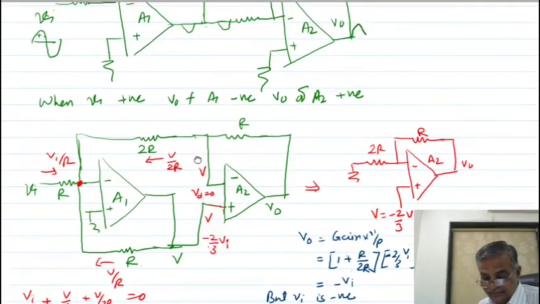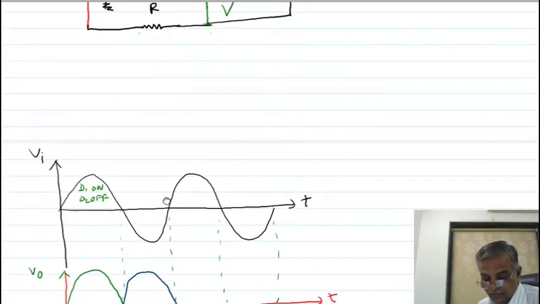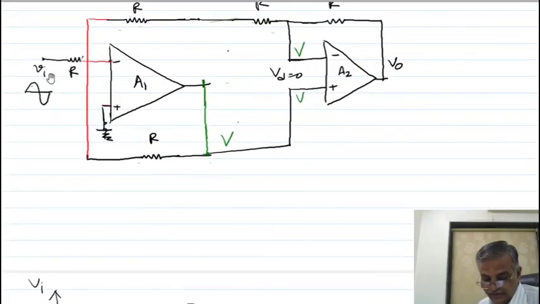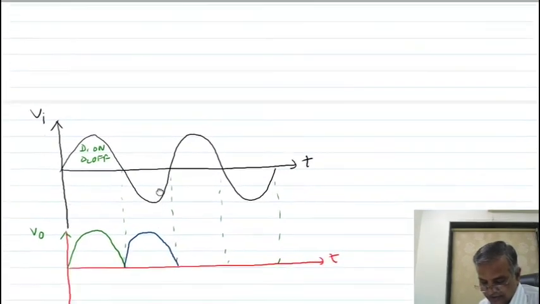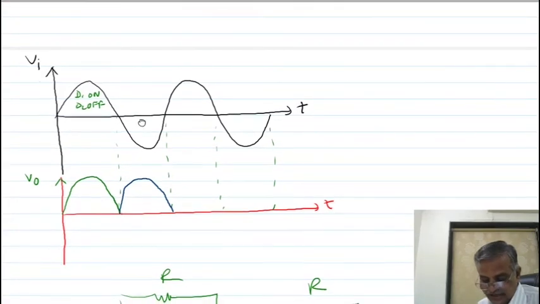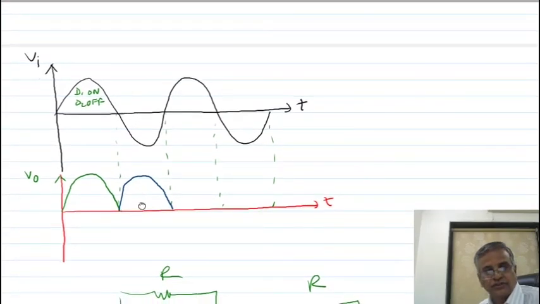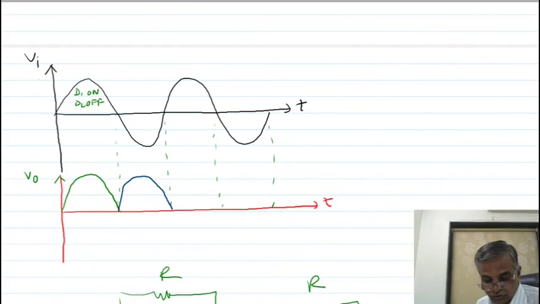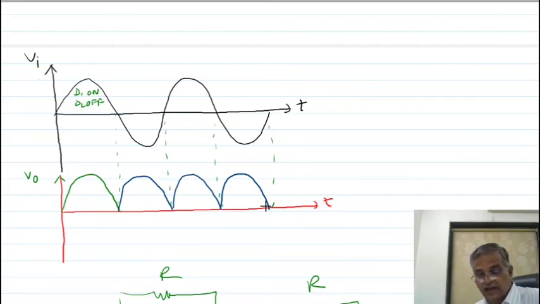During the positive half of the input cycle, you get the output. During the negative half of the input cycle, you get a positive output. So both halves of the AC input signal are converted into DC. In this way, the full wave rectifier circuit will work.